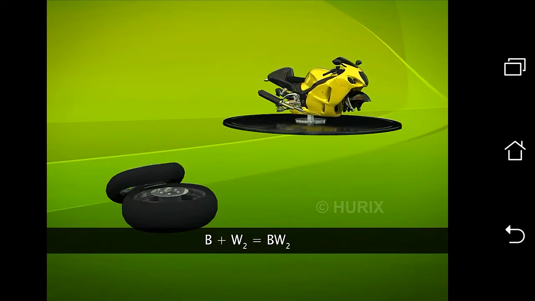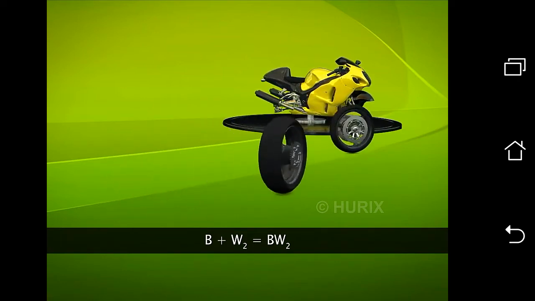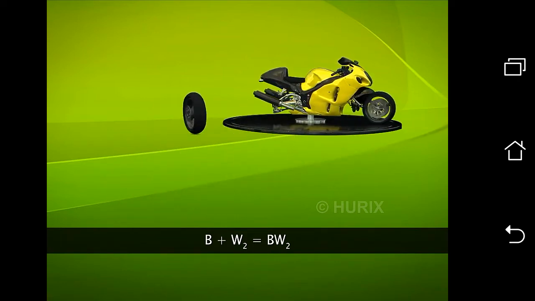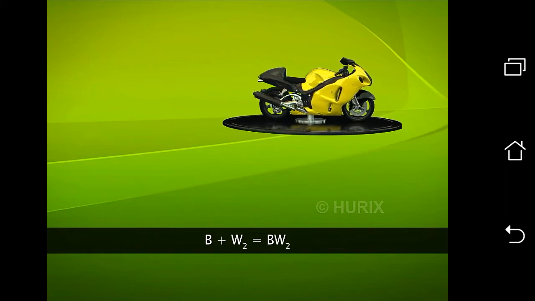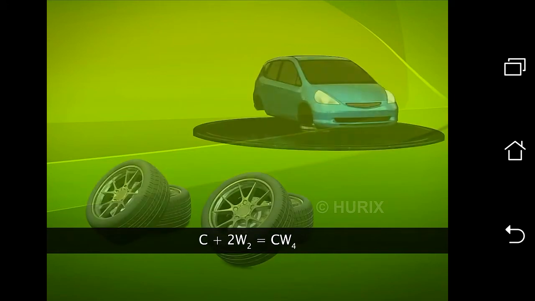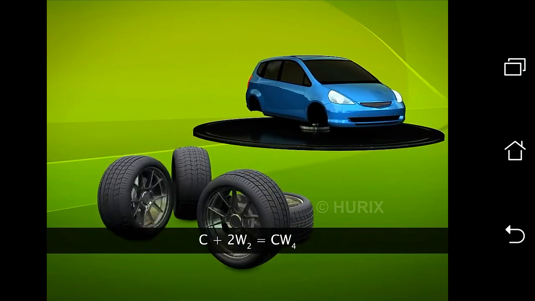With a pair of wheels, we can have a bike. With two pairs of wheels, we can have a car.